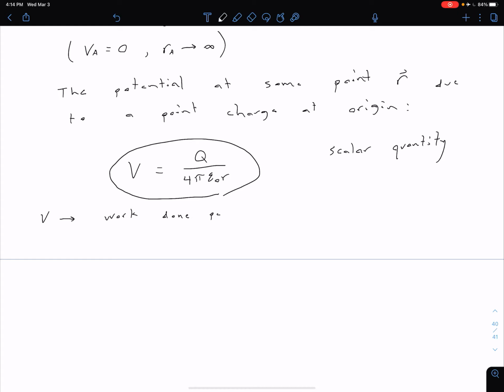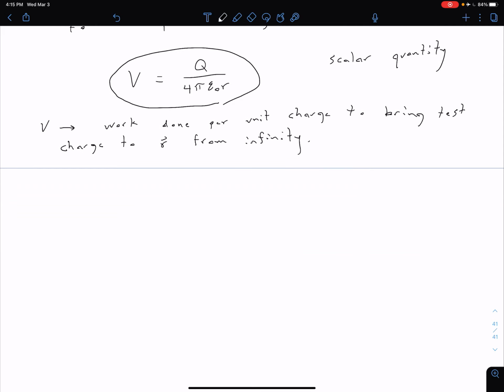So, work done per unit charge to bring a test charge to R from infinity. Again, not necessarily a crucial definition, but maybe it gives you some more insight into physically what we mean when we're talking about potential.